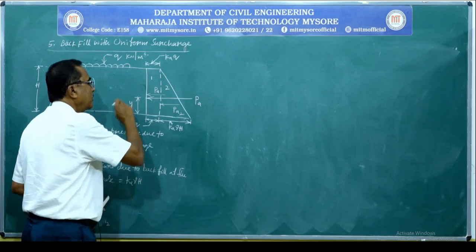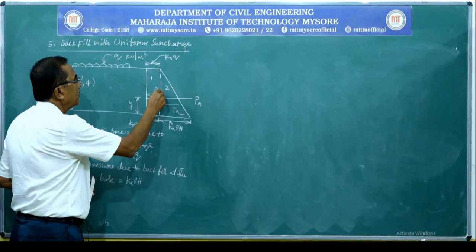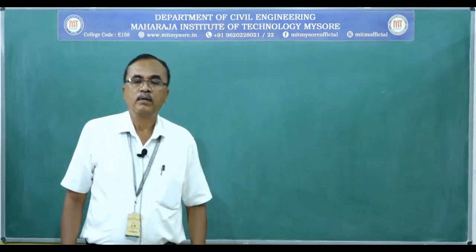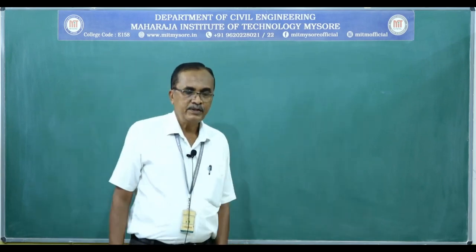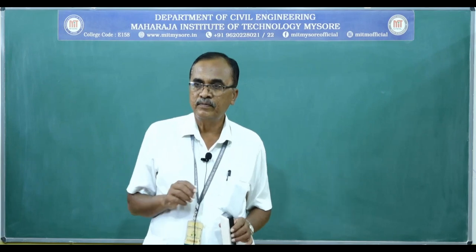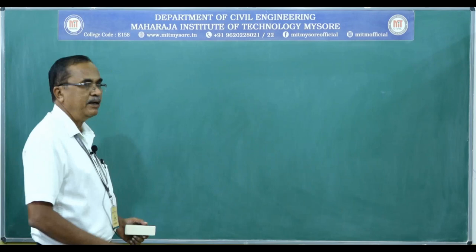Again, this can be calculated. PA is equal to PA1 plus PA2, and y can be calculated by applying Varignon's theorem. So we have considered various backfill conditions for analysis. The last condition is the inclined backfill or inclined backfill surface.